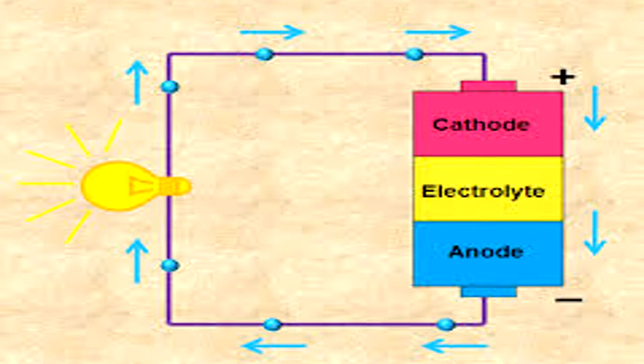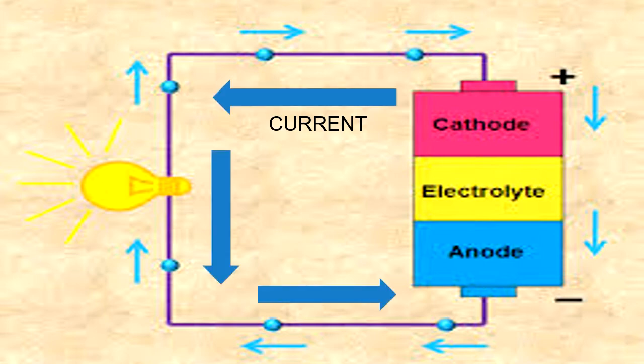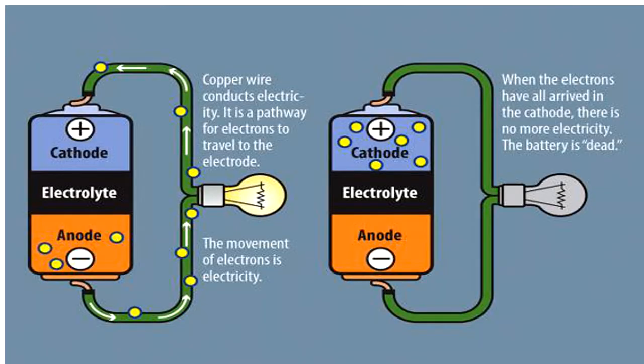That is why when we connect a conducting wire from anode to cathode, the excess electrons in the anode find a conducting path to flow and hence constitute the current, which will flow opposite to the direction of the flow of electrons, that is, from cathode to anode. This is how the current flows from a battery.